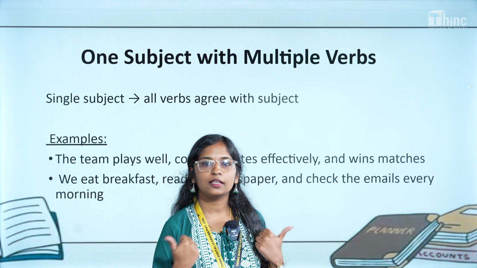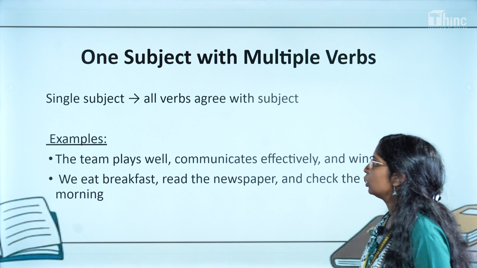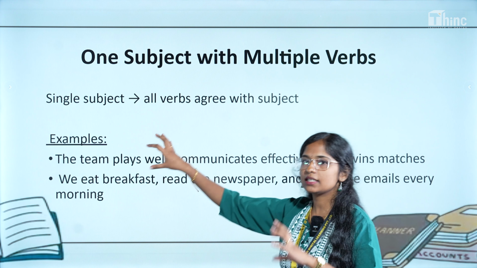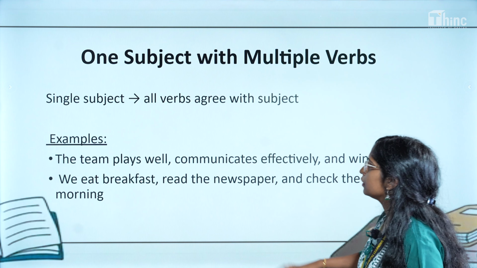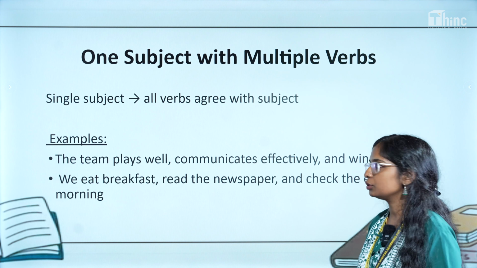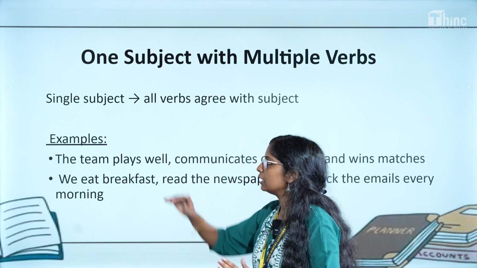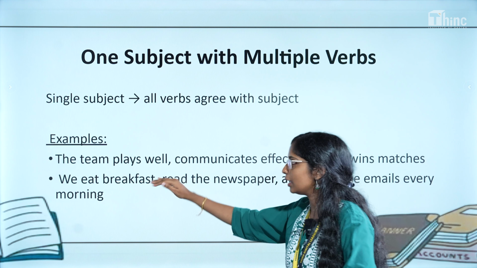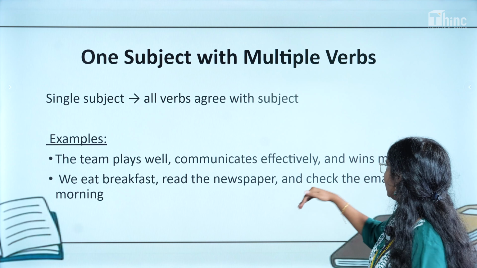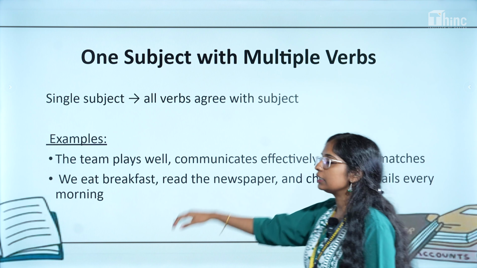Let us look at another scenario. One subject with multiple verbs. We have a single subject and we have certain additions we are adding to it. And how do we do that? The team. The team is a subject here. The team plays well, communicates effectively and wins matches. We have 3 verbs here.